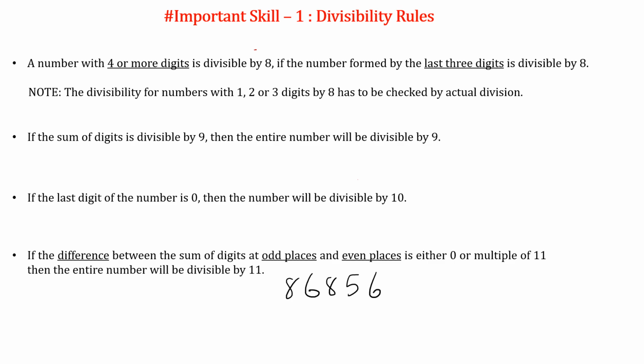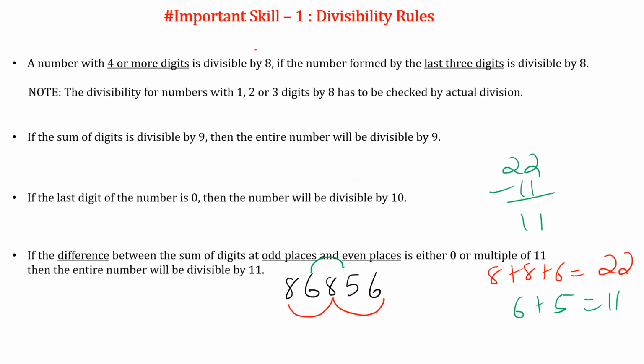Now let's form the alternating sum of digits. 8 plus 8 plus 6, that would be 22. And what about the other one? 6 plus 5. That's 11. And 22 minus 11 is 11, which is a multiple of 11. So 86,856 is indeed divisible by 11.